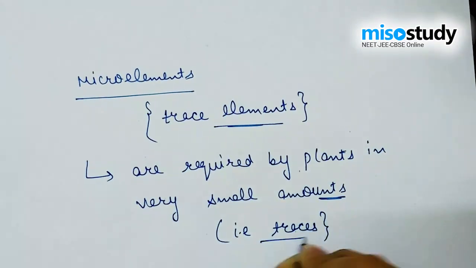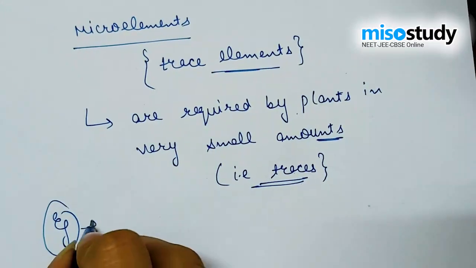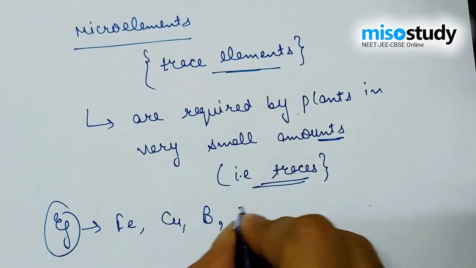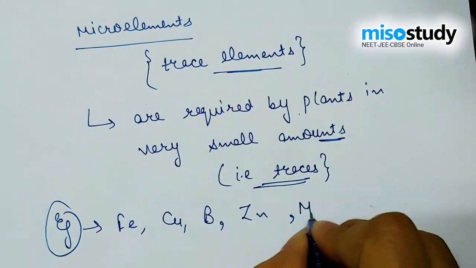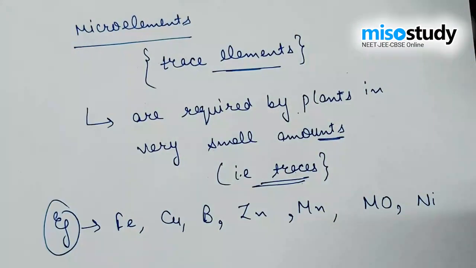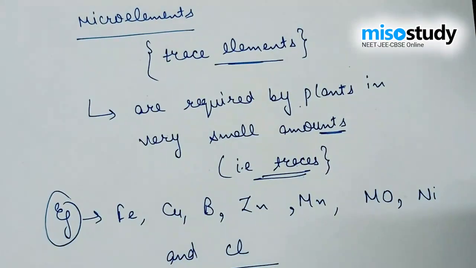That's why we name them trace elements. Examples of micro elements are iron, copper, boron, zinc, manganese, molybdenum, nickel and chlorine.